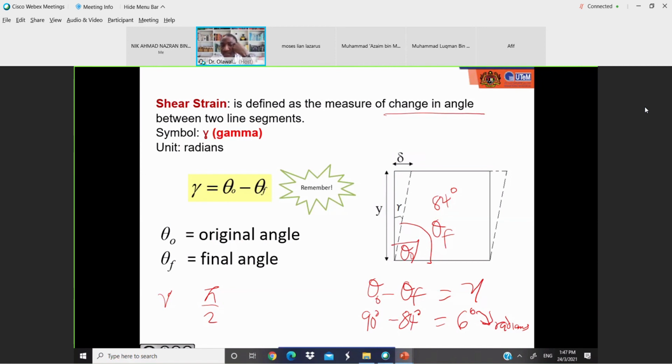Do you understand or not? Okay, so here if we convert 90 degrees to radian, it's going to give you pi all over 2, then minus final angle, and this is in radian. That's all. So if you know your original angle, you know your final angle, you just calculate, you get your shear strain. Very easy, eh?